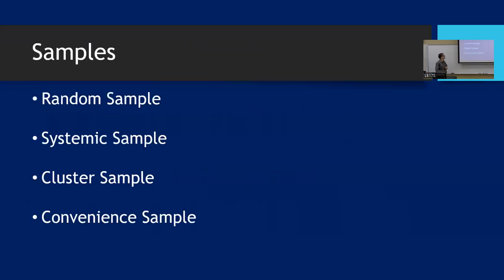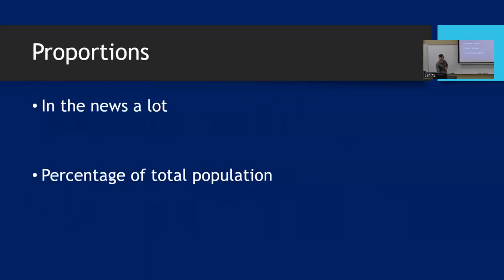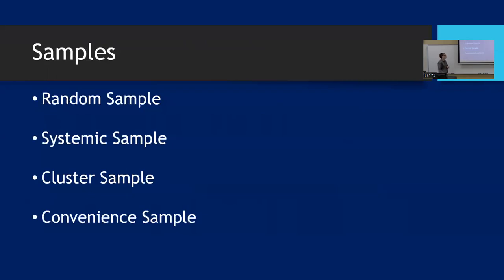All right. Now, speaking of samples, there's a lot of different ways to get samples. We're going to look at 4 here. One way to get a sample is to do a random sample.